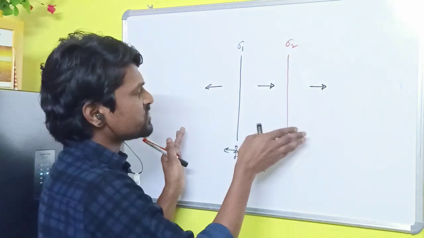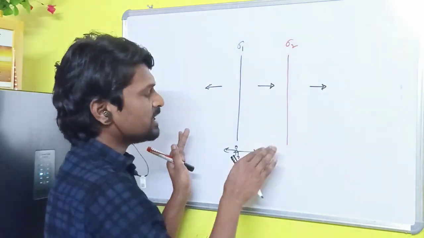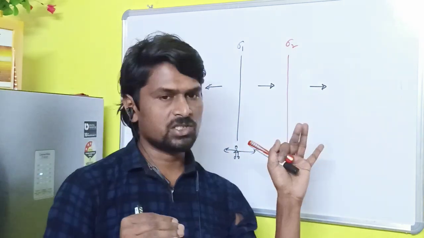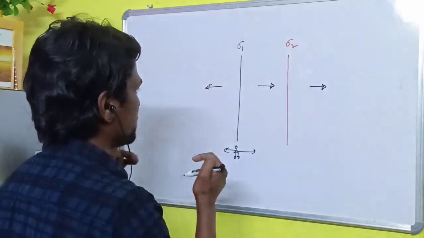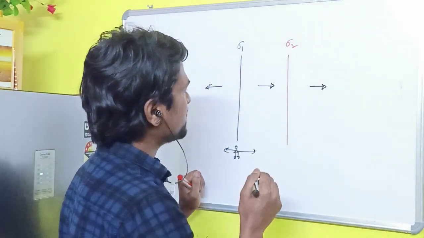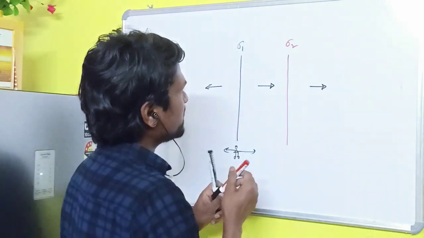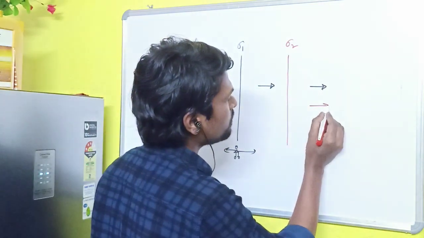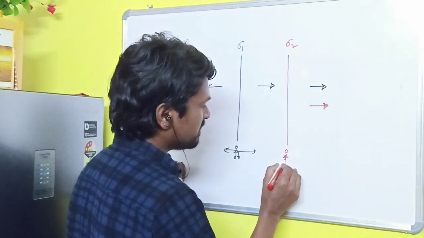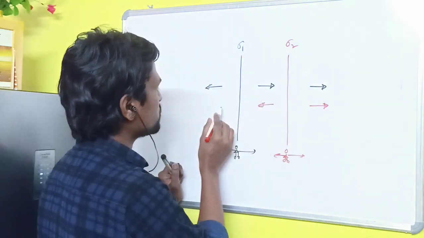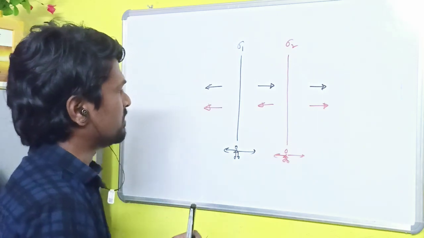All the arrows on the left side are along this direction. All the arrows on the right side are along this direction. For sigma 2, also stand here and stretch your hand. This is minus, and this is also along this direction.